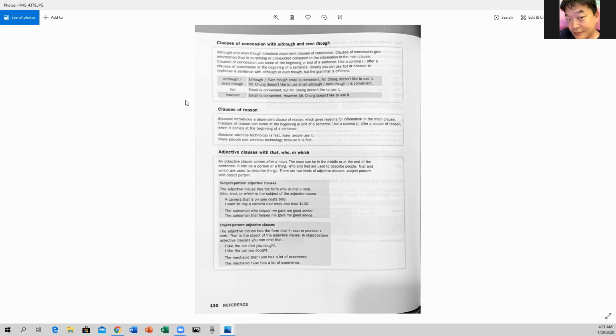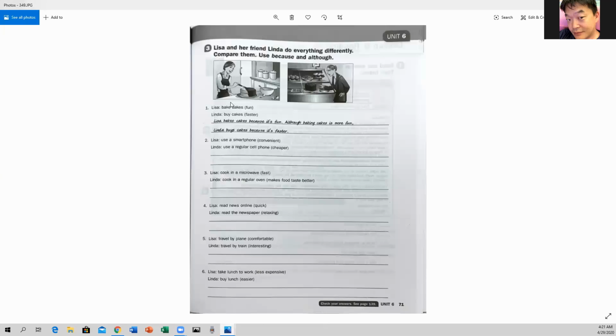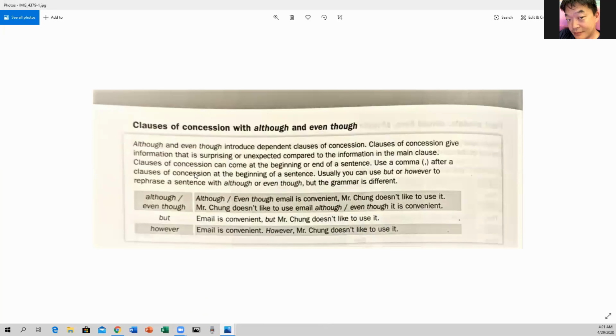And let me just tell you this, although and even though are the same thing, are synonymous. But I do encourage you before you start doing your exercises in your workbook to go over this. And if you have any questions, let me know. Okay? So for now, let's continue.